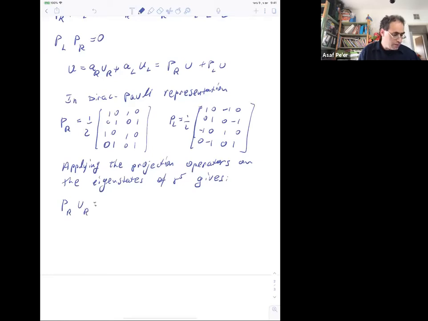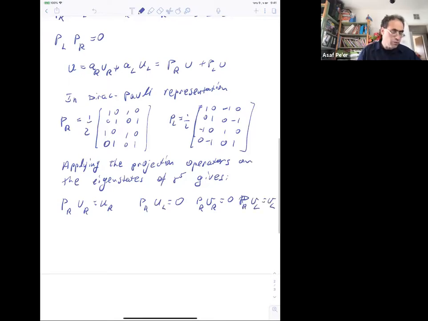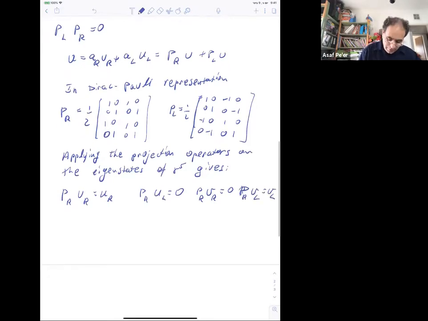You can guess the answer, right? It's just UR. PR UL is just 0, and then PR VR is 0, and PR VL is VL. Of course, the same would be for L.